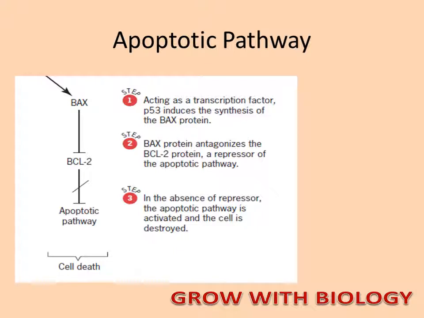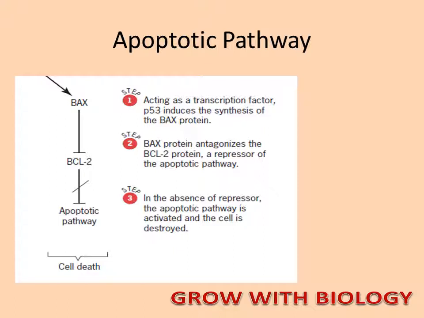So P53 will induce the BAX protein, BAX will antagonize BCL2, and that is the repressor of apoptosis. So the repressor will be repressed and the activator will be activated, thus the apoptotic pathway will be activated.